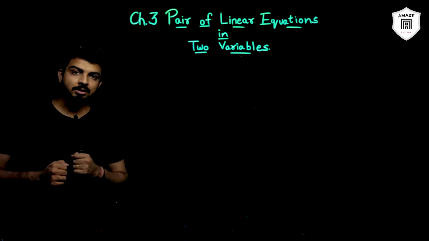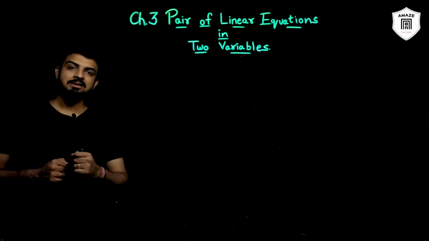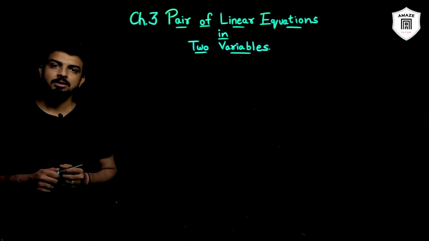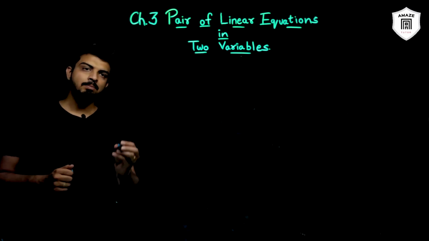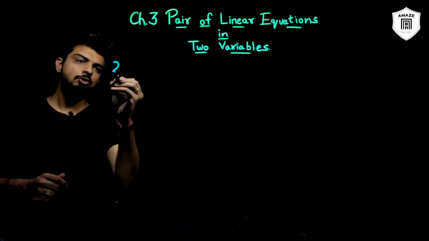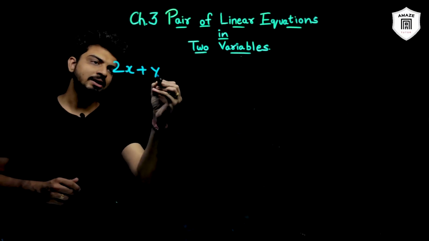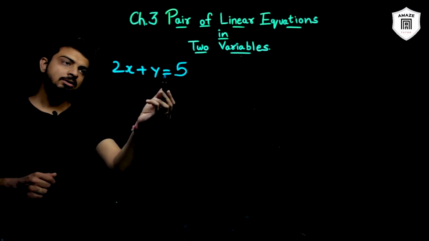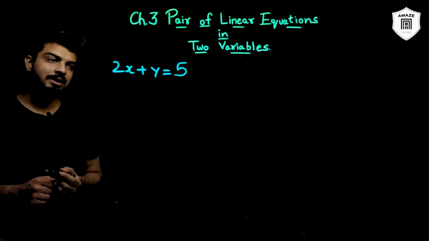So now here we will see what is the general form of the linear equation in two variables, right? So let's take one example, that is 2x plus y equals to 5, right? So this is a linear equation, yes, with two variables, yes, right?